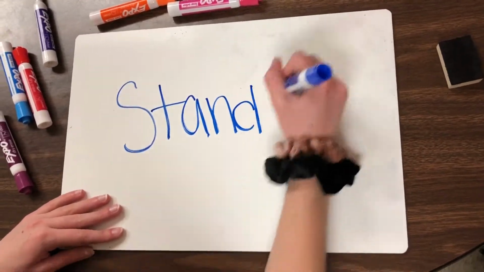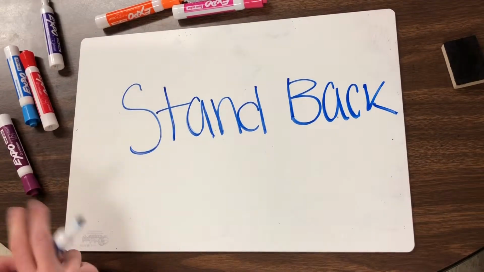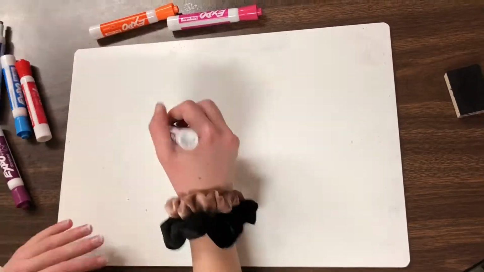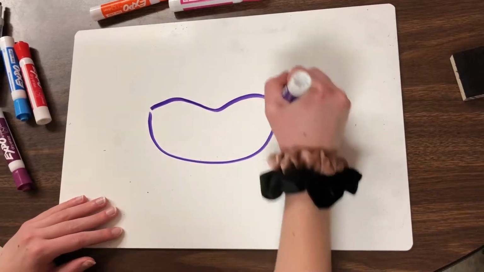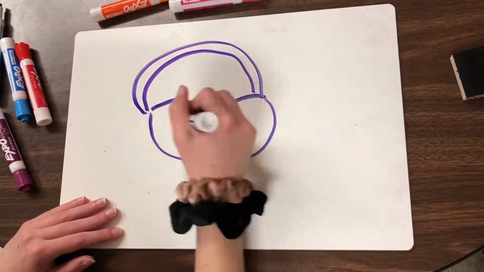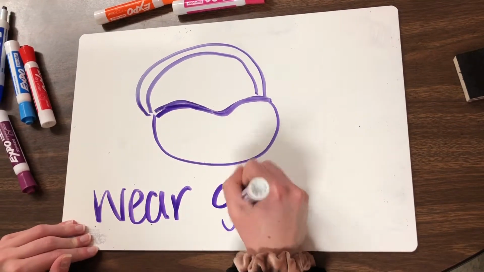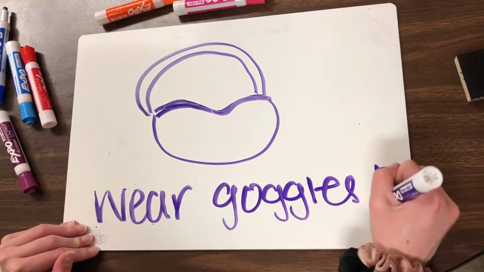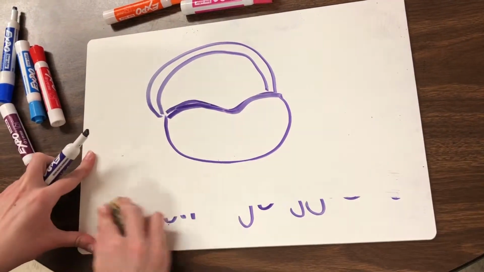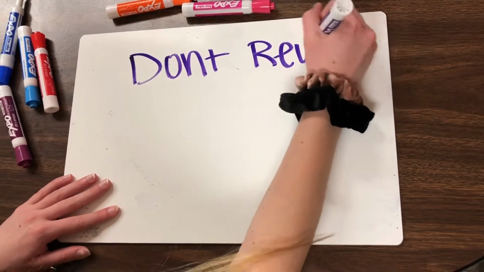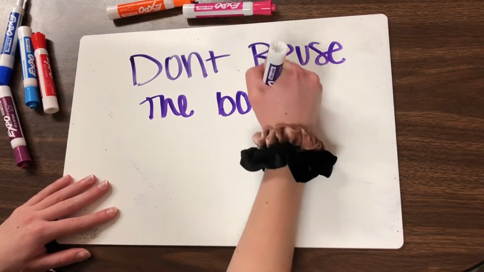We made sure to stand back and away from the bottle. It's also really important to wear goggles during this experiment. You'll notice that in our video we are not wearing goggles because we weren't in school, but definitely wear goggles. Lastly, the bottle used for the demo should not be used more than twice.